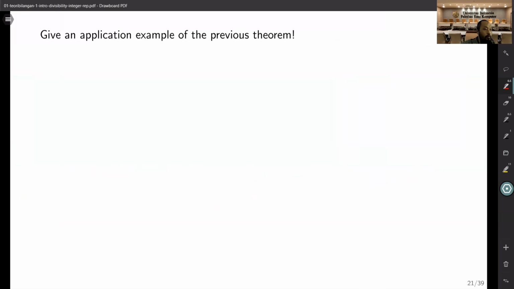Now, let's give an example of the previous theorem. Suppose you know that 7 is congruent to 3 modulo 4, and say you have minus 2 is congruent to 6 modulo 4.